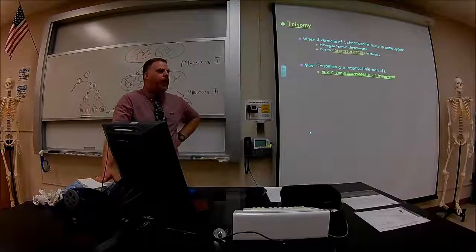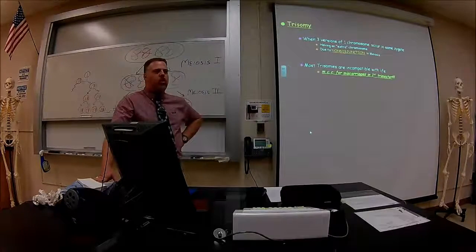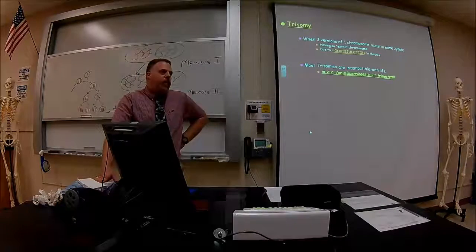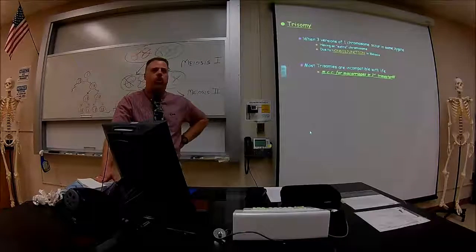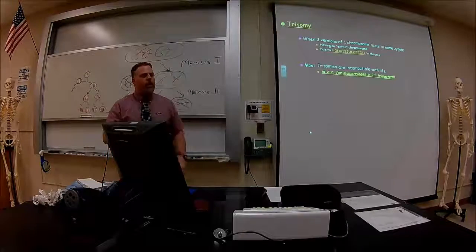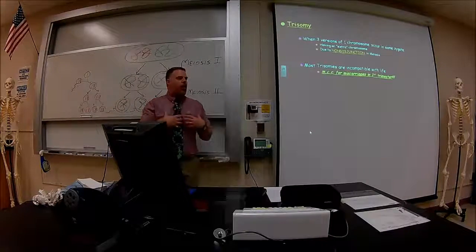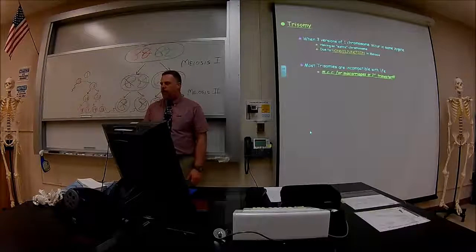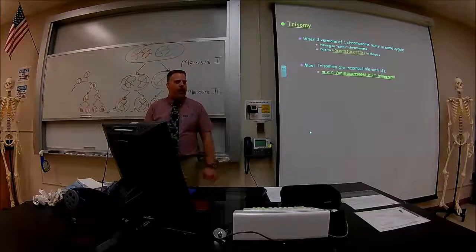Most of these don't make it. It's Mother Nature's way of saying this is not a good pregnancy. Okay? Down syndrome, yeah, they can survive, but most trisomies, there's so many different things wrong with the brain and the heart and the digestive system, it's not usually compatible with life. So they end up having a miscarriage.